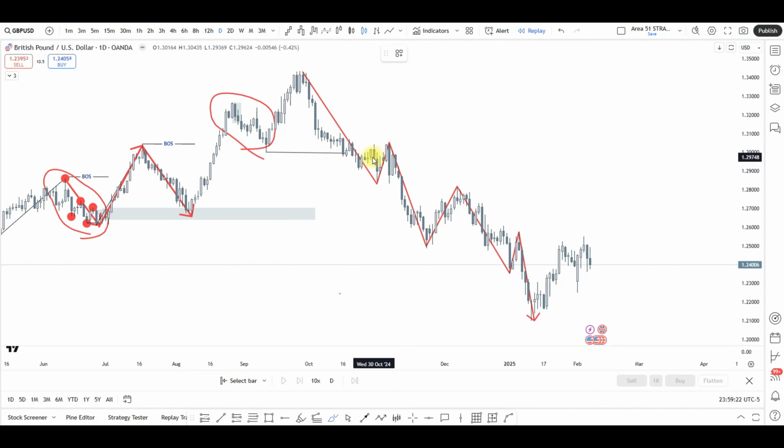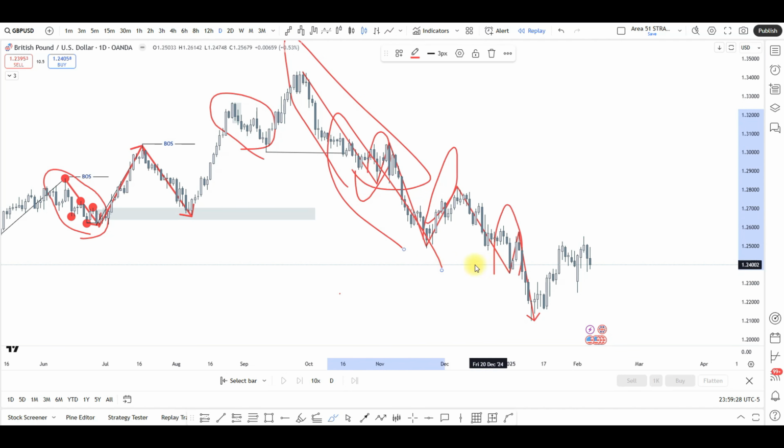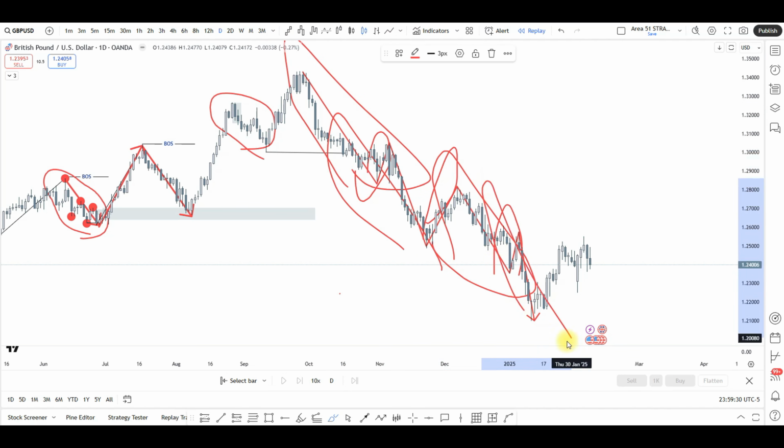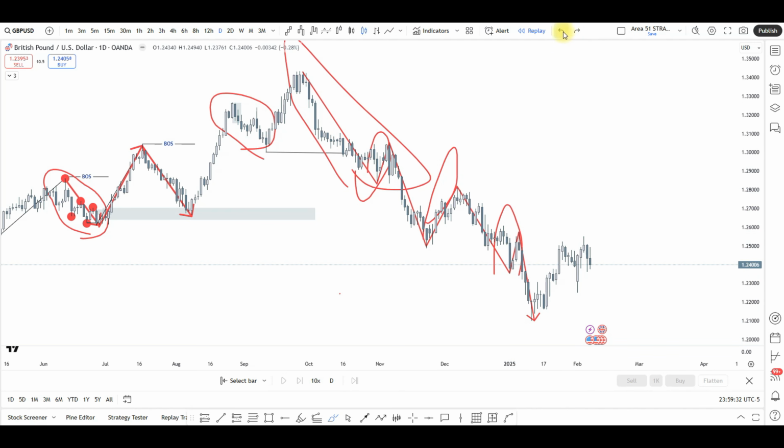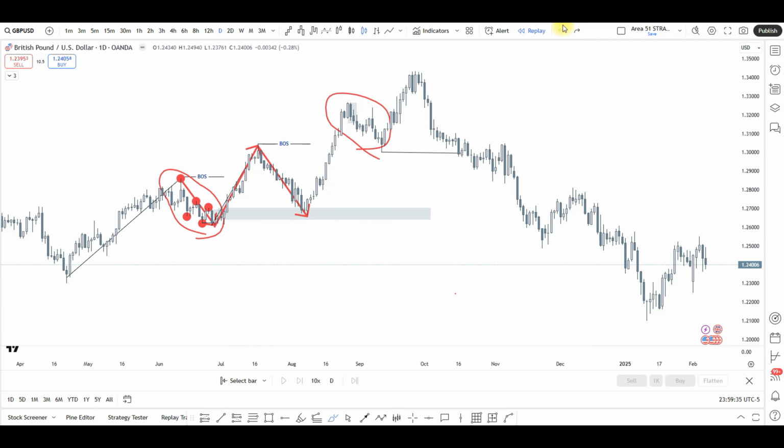All you have to do is identify these pullbacks and these impulsive moves on the higher time frame. Very easy. Okay? Don't just take a trade. Know the direction of the market.